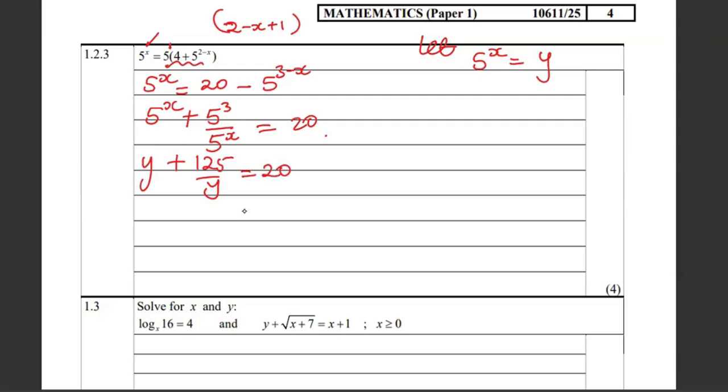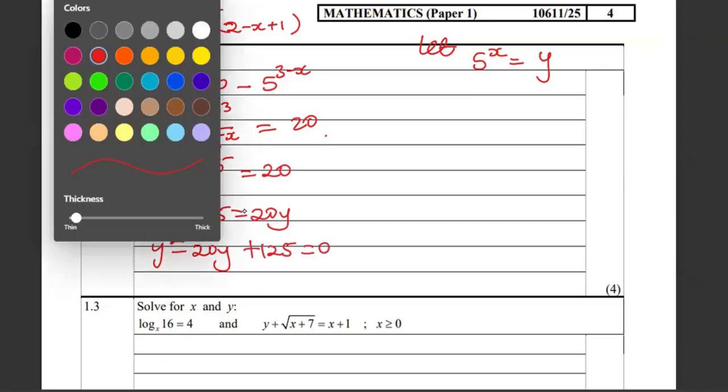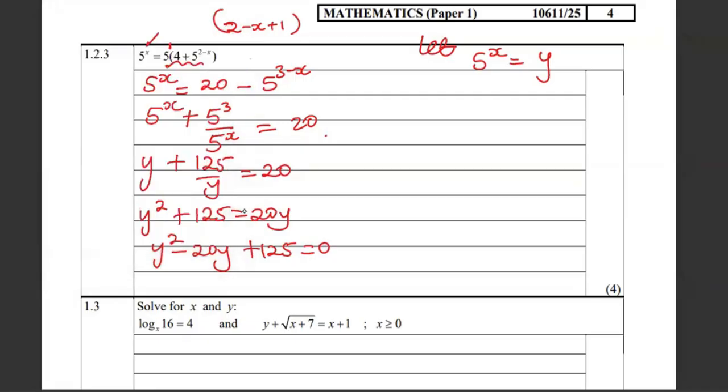Multiply through by y. It's going to be y squared plus 125 is equal to 20y. Let's create a standard equation. Y squared minus 20y plus 125 gives us 0. Okay, so if I try to factorize that out, I'm going to have something like y minus 5, and then y minus 25.